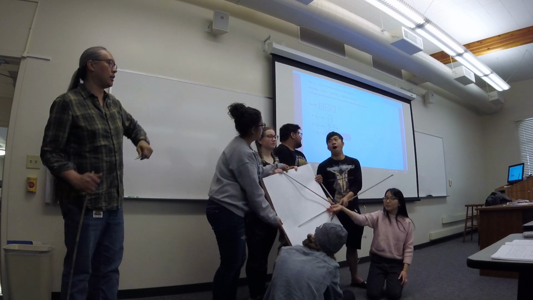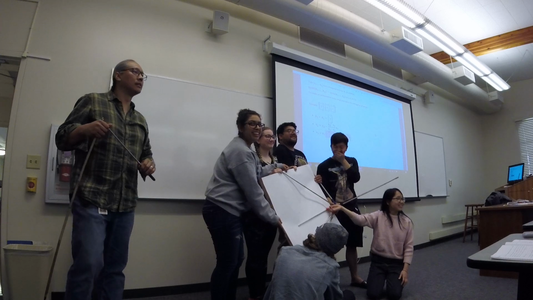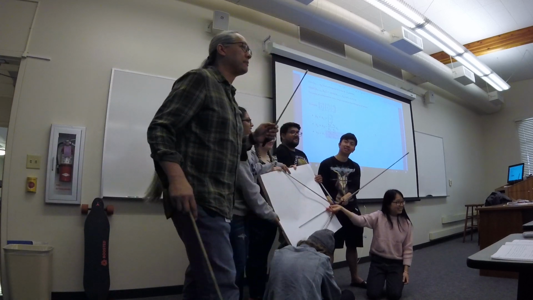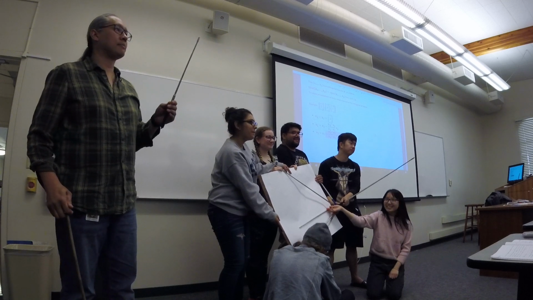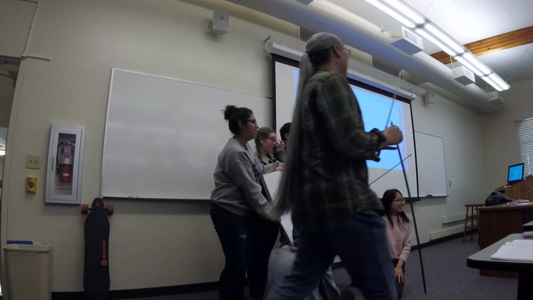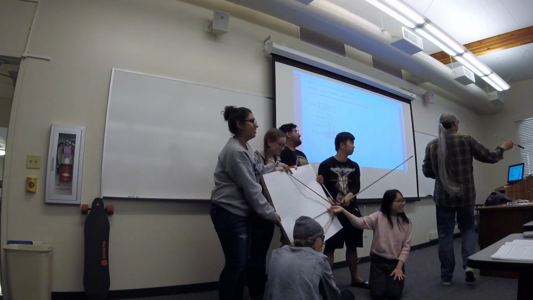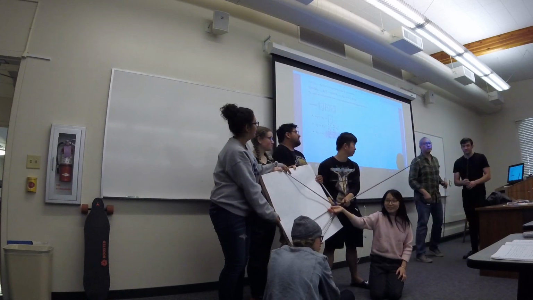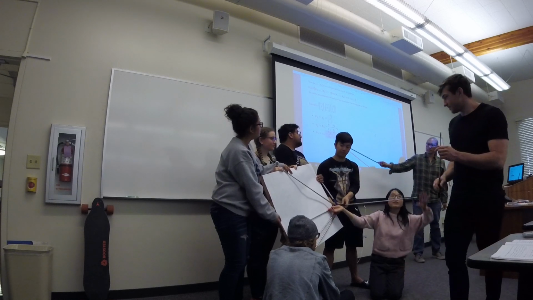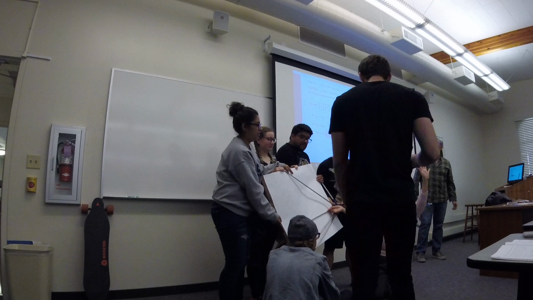I probably need a couple more volunteers because I want to know where v3 is. So v3 is going to be x3 minus that vector on the plane.